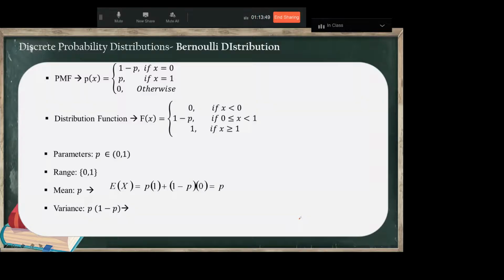Yeah, this we know is P. So the variance of X is the expected value of X square minus this.